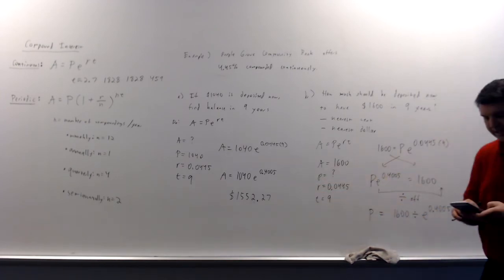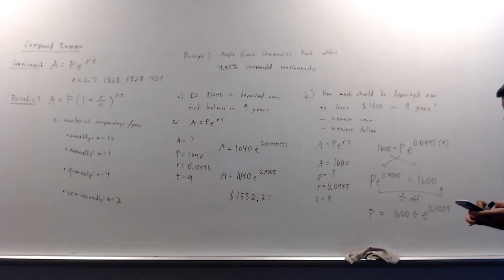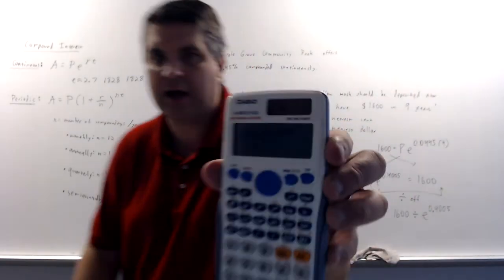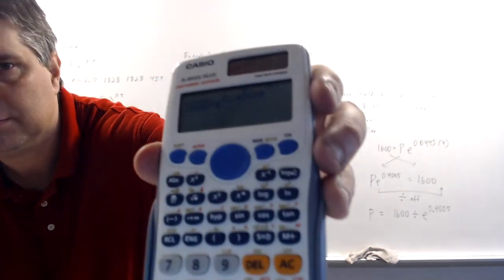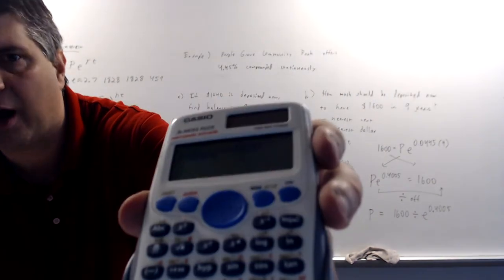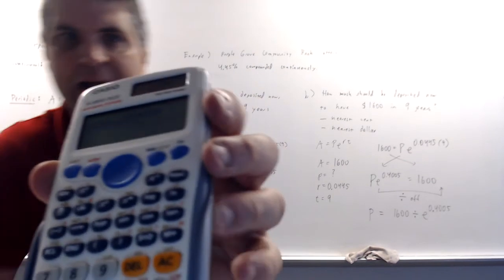So 1600 divided by, shift or second, ln, 0.4005. This is what it looks like on my calculator. Okay, if I can get it to show. Again, I'm sorry the lighting isn't very good in here.